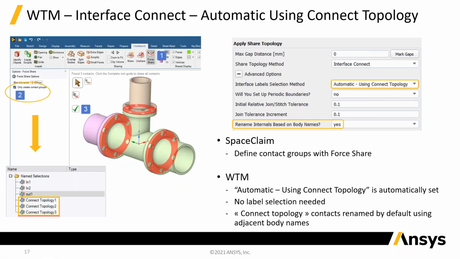So if you're in SpaceClaim, you can go in here. When you do the share, you can create contact groups and they'll connect the topology, or you can go in and do it now directly with this new shared topology. So have a look at that. That's going to be useful.